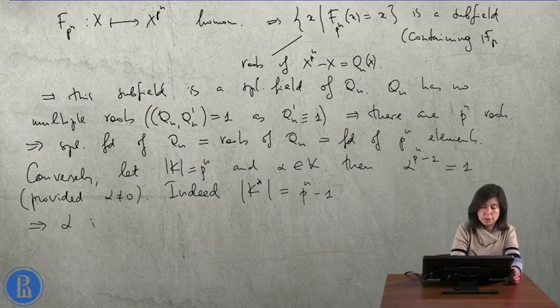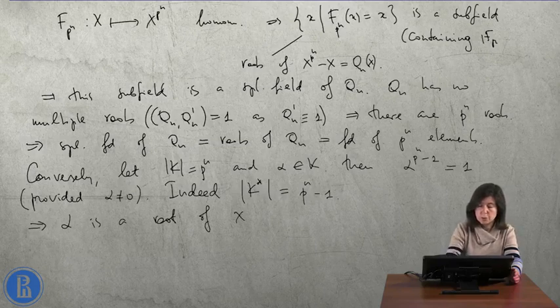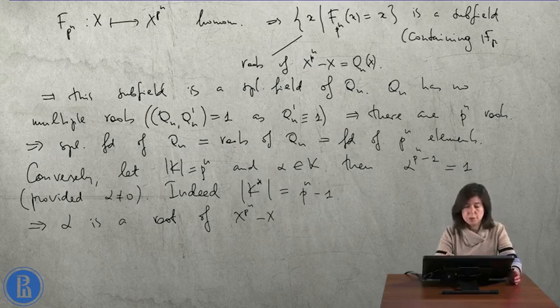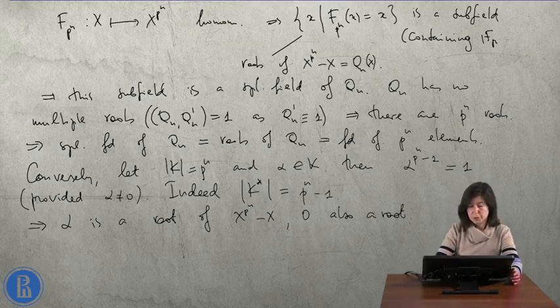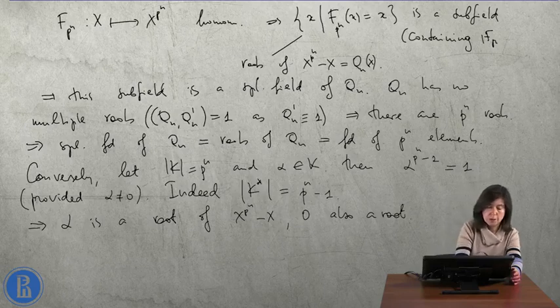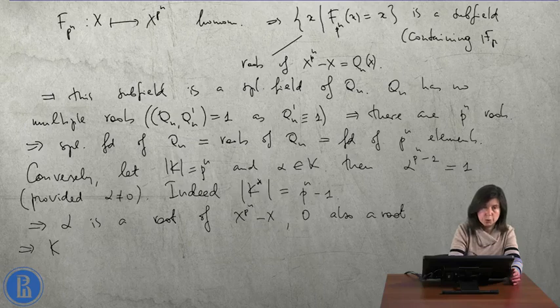So alpha is a root of x^(p^n) minus x. And 0 is, of course, also a root. So k consists of roots of q_n.